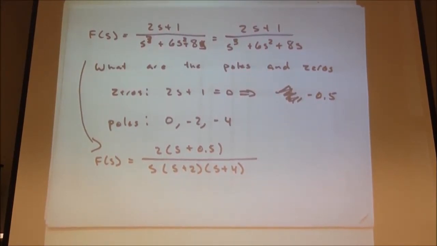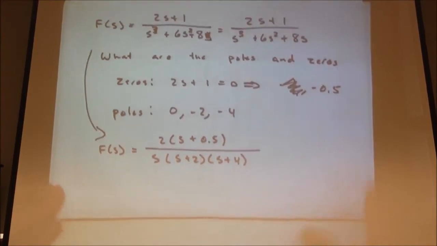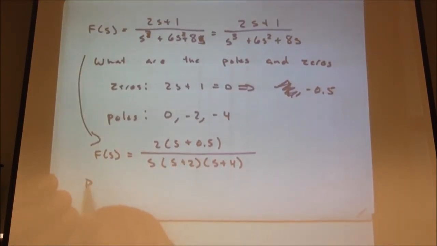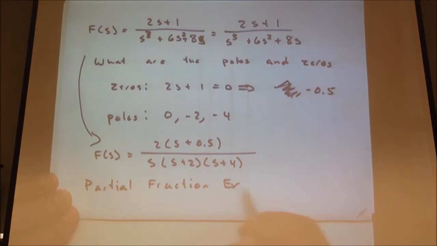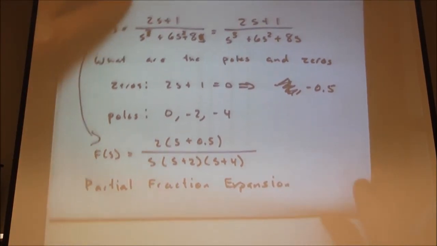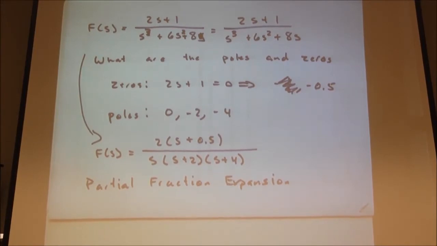Now, why do we do this? Why do we care, in some sense? Well, there's a tool in Laplace and other mathematical applications called partial fraction expansion. Anybody not heard of this up here? So we can do partial fraction expansion. And so what does our partial fraction expansion expression give us?